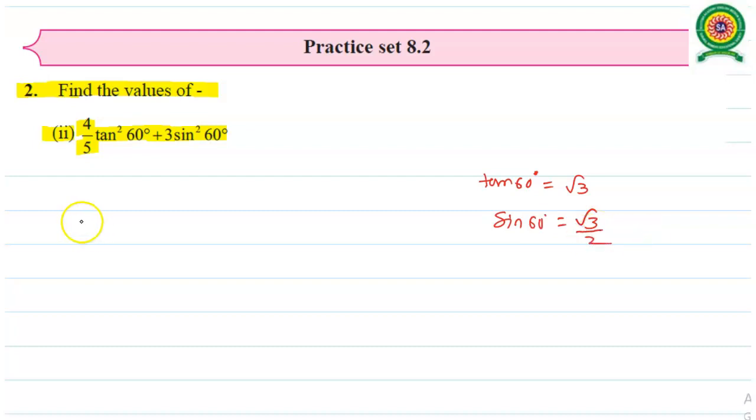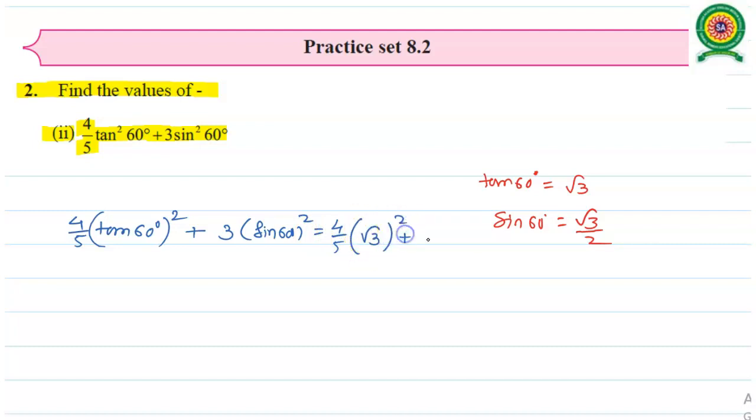So here we have to evaluate the value for 4 by 5 times tan of 60 degree square, means the whole square, plus 3 times sine square of 60 degree, means the sine of 60 degree the whole square. So now let's replace by their values. 4 by 5 times tan 60 degree is root 3 the whole square, plus 3 times sine of 60 degree we have root 3 by 2 the whole square.